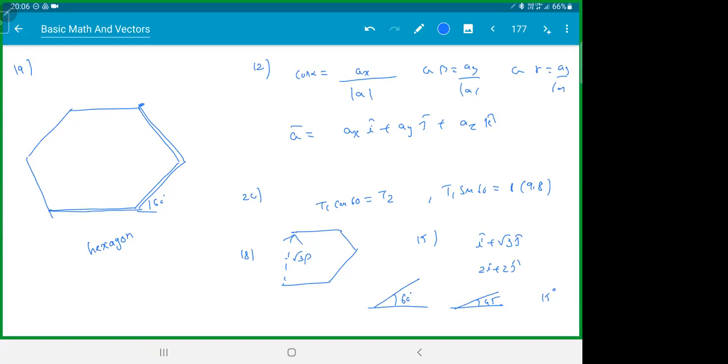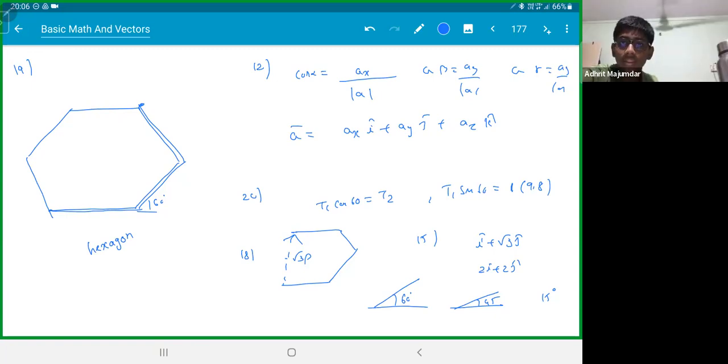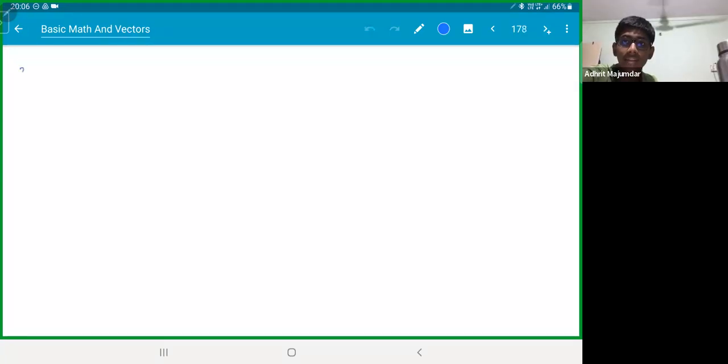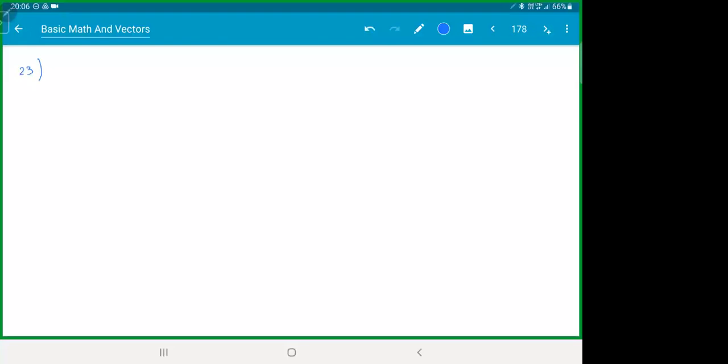Then 1 to 30. If you're done with your doubts, you're free to leave. 23. Regular hexagon has two adjacent sides x and y, then FA bar will be.